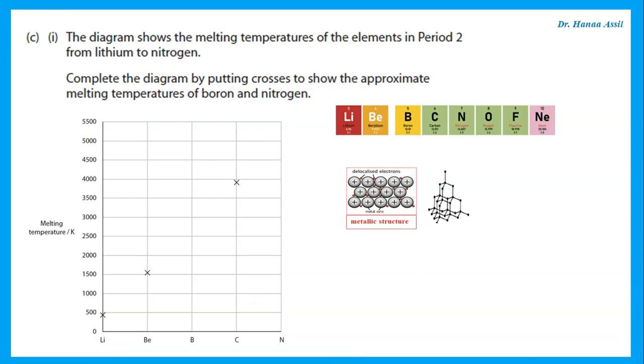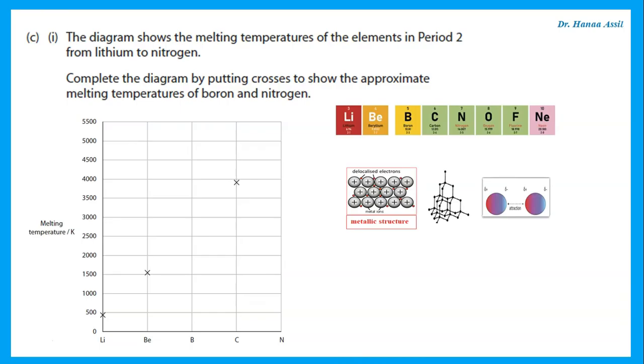Then carbon has a giant 3-dimensional structure. That means we have strong covalent bonds, and that means higher melting temperatures. So carbon should be high. It should be higher than boron, and boron higher than beryllium. And then we go into nitrogen, oxygen, fluorine.